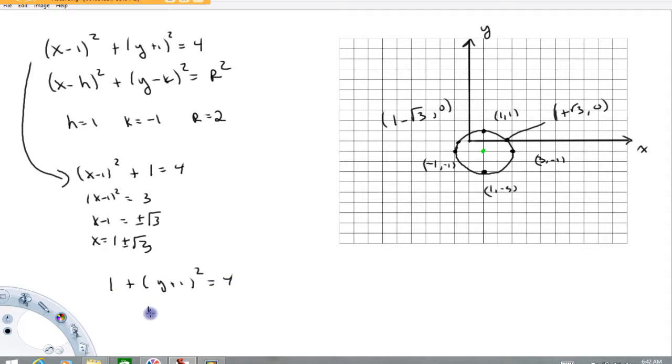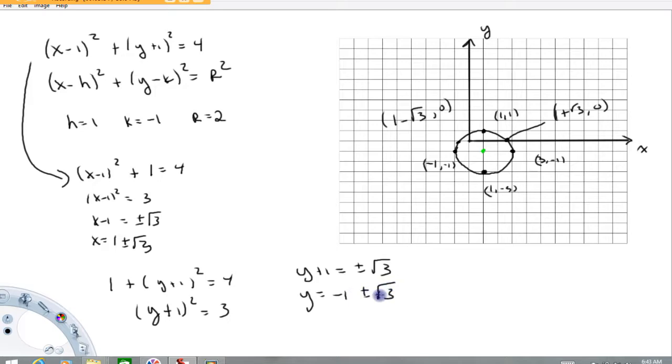Subtracting 1 from both sides, this is going to read y plus 1, the quantity squared, equals 3. Square rooting both sides, y plus 1 is going to equal plus or minus the square root of 3. And subtracting 1.